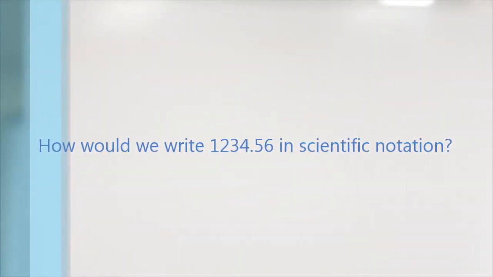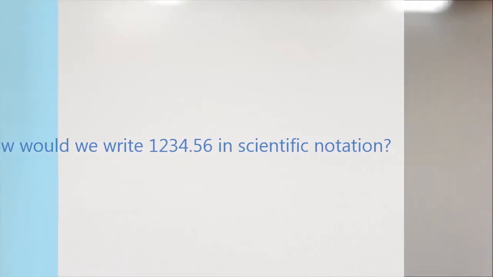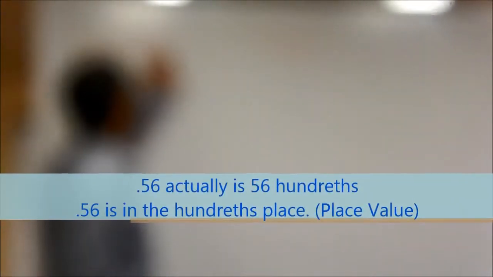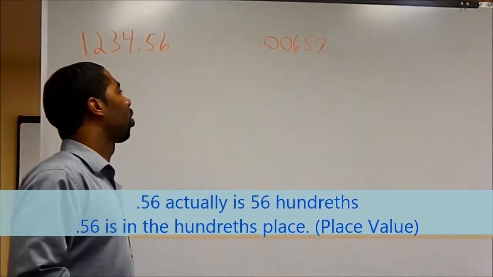Just 0.56? 0.56. What's another way to say that? By its place value. It'll be 5,600. Perfect. The number 56, and the 6 is in the hundreds place, 5,600.